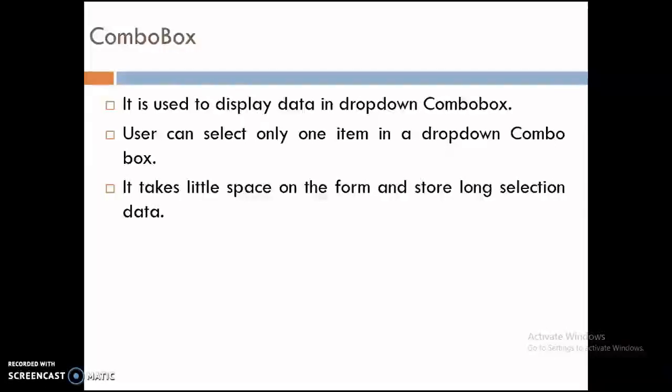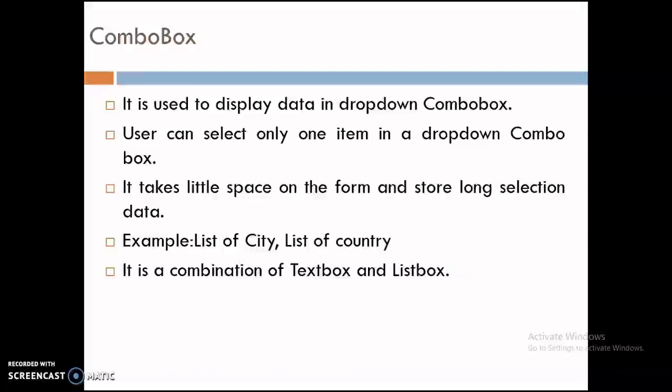So whenever we have multiple items, multiple data, and we have to give the user a choice to select any one, then a combo box is a preferable choice. It occupies less space. For example, list of cities, list of country names, font name, font size, etc.